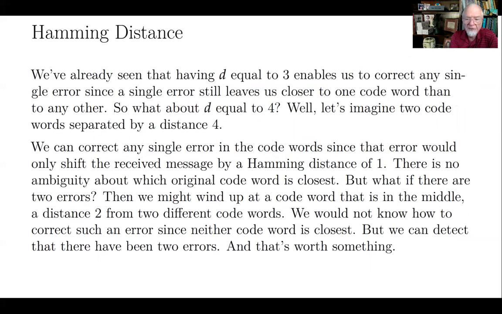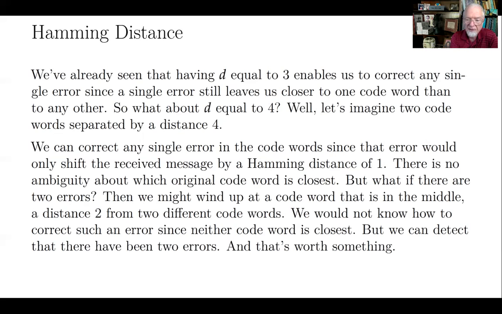What about D equals 4? It's really hard to show a 4-dimensional cube, but correcting a single bit error in the code words would only be a Hamming distance of 1, and so there's no ambiguity about the original code word.